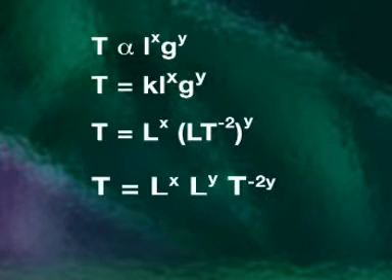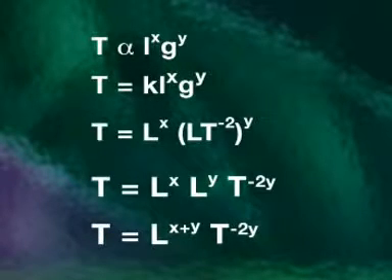We have T equals L to the power x times L to the power y times T to the power minus 2y. By combining like terms, we would have T equals L to the power x plus y times T to the power minus 2y.